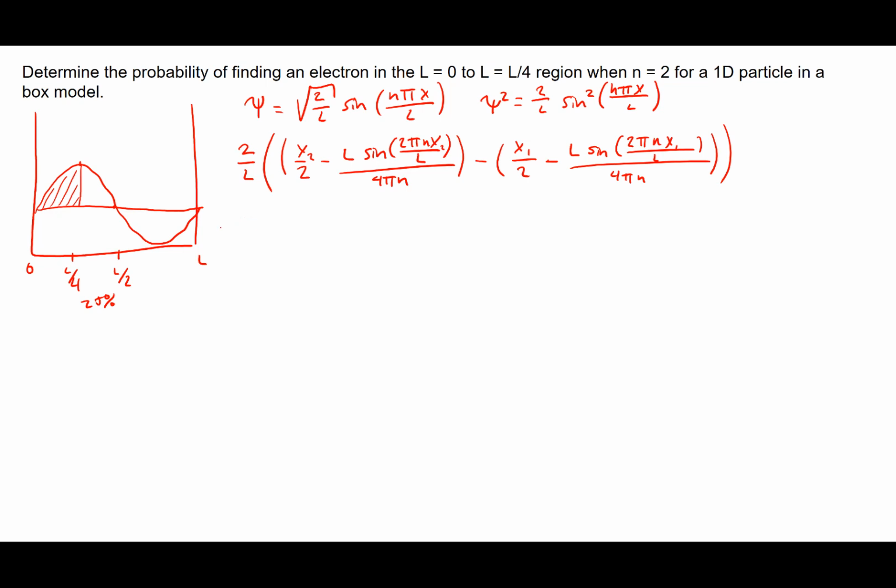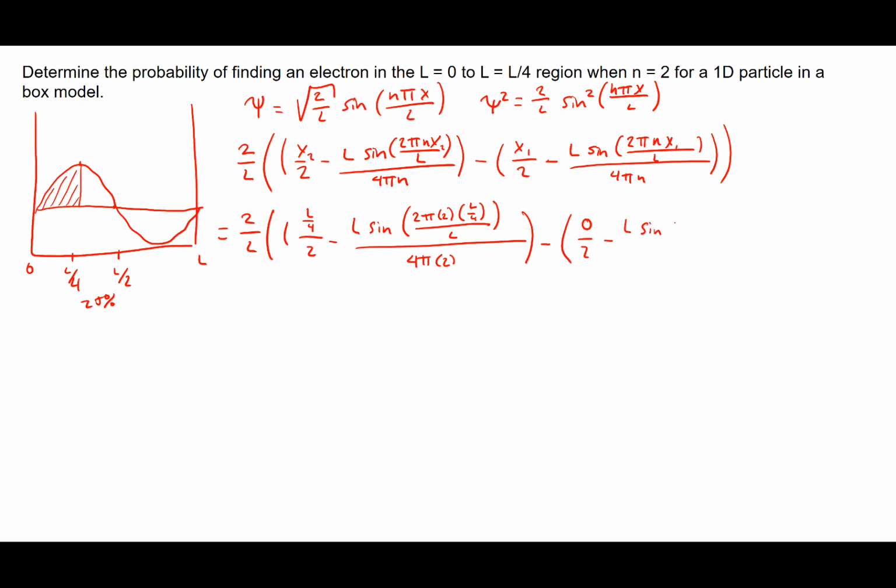So that's going to be 2 over L times L over 4 over 2, minus L times the sine of 2 pi, and we can plug in our 2 for n, so L over 4 times 2 over 4 pi times 2, minus, now we're going to have 0 over 2, because we're at the 0 position starting off, minus L times the sine of 2 pi times 2 times 0 over L, all of that over 4 pi n.